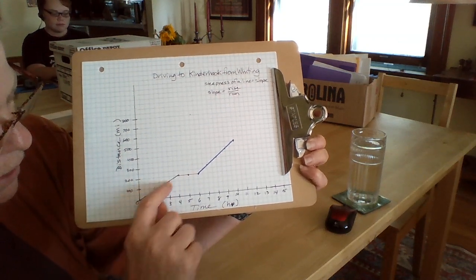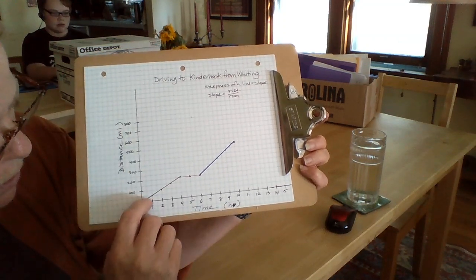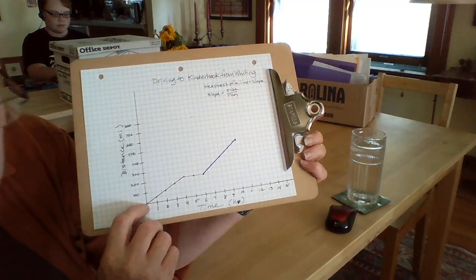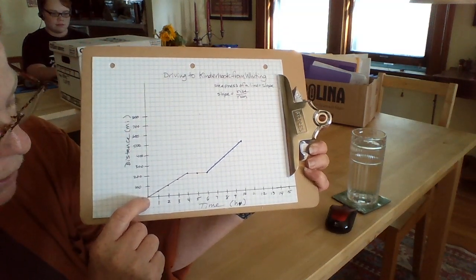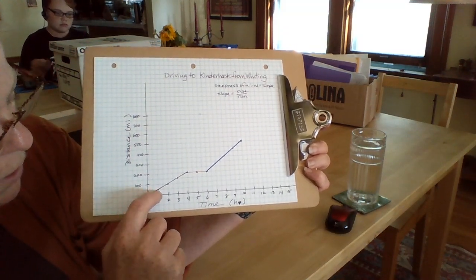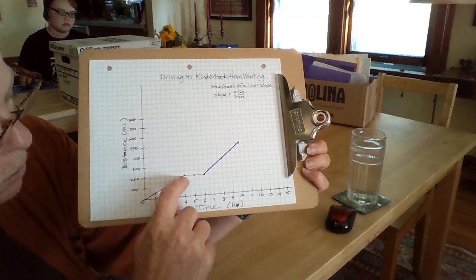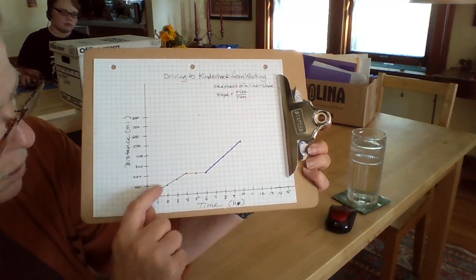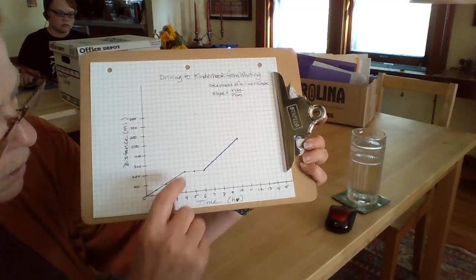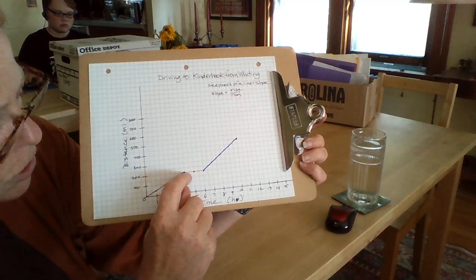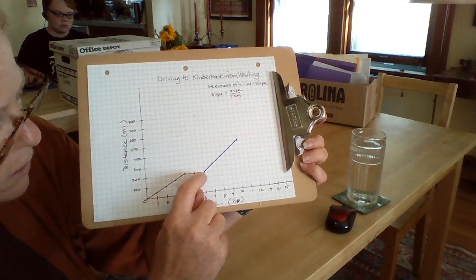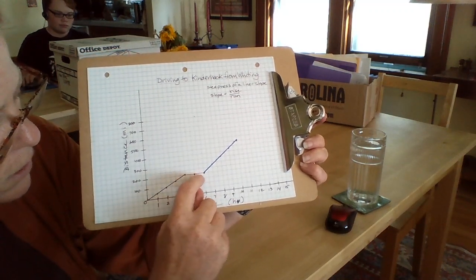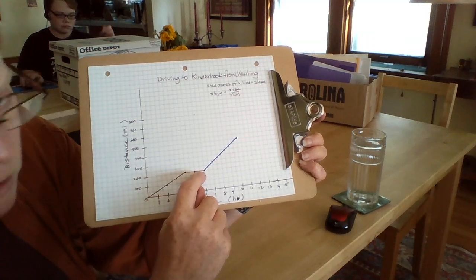So we can use any of these points. This point where we started at 0, 0 in Whiting at hour 0. This point, this point, this point, or this point to calculate the slope of this straight line. We can use any 2 of these 3 points to calculate the slope of this bit of line.